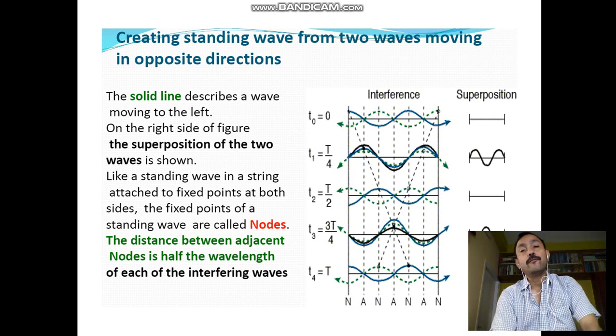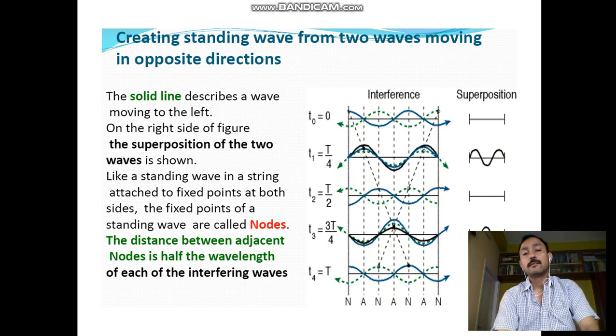Creating a standing wave from two waves moving in opposite directions. The solid line describes a wave moving left to right. On the right side of the figure, the superposition of the two waves is shown, like a standing wave in a string attached to fixed points at both sides.